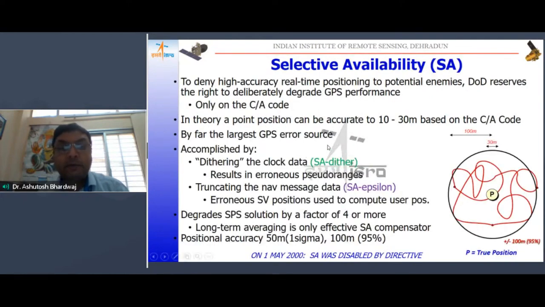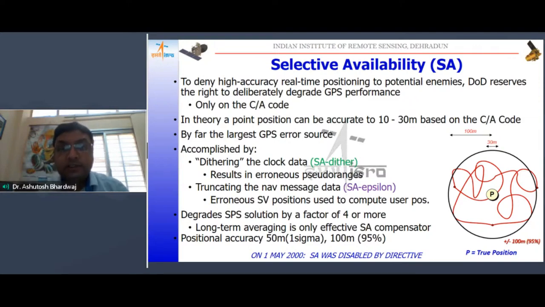So that is what I was telling earlier. The selective availability was operational and was providing us an accuracy of the order of 30 meters. But once it was switched off, we started getting an accuracy of 10 to 20, 10 to 30 meters. You will get different references in different places, but currently we are getting a better value as per the last report released by US DoD.